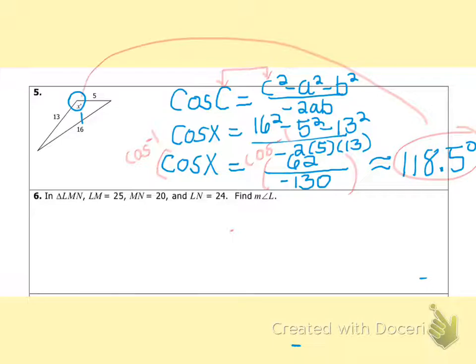That's 118 degrees. Now, the really nice thing about the law of cosines, unlike the law of sines, remember with the law of sines there was the ambiguous case, and there were potentially two different possible answers when you're finding an angle. With law of cosines, there is not that situation. The reason for that is, if you remember back to the unit circle, the sine was positive in the first quadrant and in the second quadrant, in other words, anywhere from 0 to 180 degrees for angles.